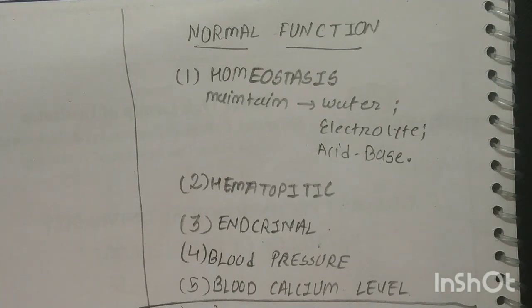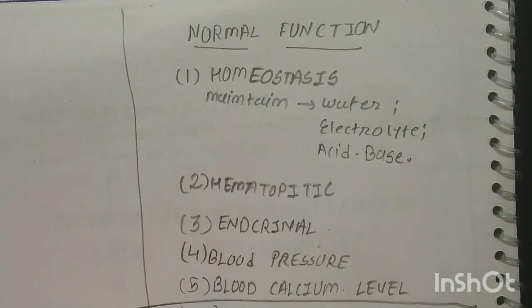Erythropoietin is a very important substance for the formation of erythrocytes, which are RBCs. Thrombopoietin is very important for the formation of platelets. Thrombocytes is another name for platelets. So that's why the kidney is very important for the hematopoietic function, meaning the formation of blood cells.